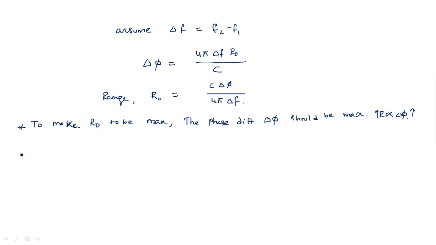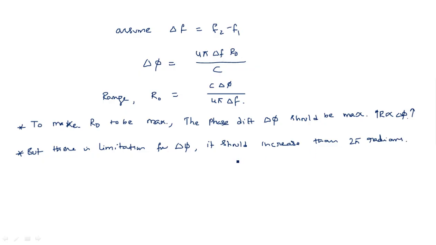But there is a limitation for delta phi: it cannot increase more than 2 pi radians.